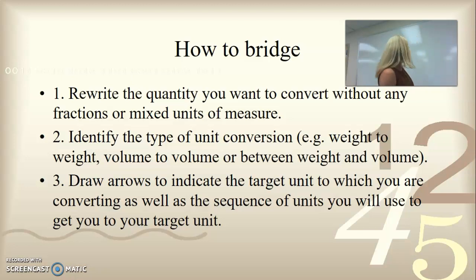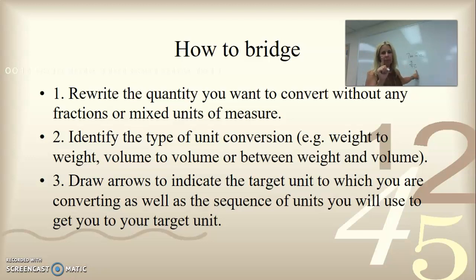So remember in class I said to you that at birth we give our children weight mostly by using mixed measurements, right? We might say that a baby weighs 7 pounds and 2 ounces. Well, in a bridge, when you are looking to convert, you can never start with a mixed measurement or a fraction. So if it were a fraction, let's say that you are starting with something like 3/4 cup.